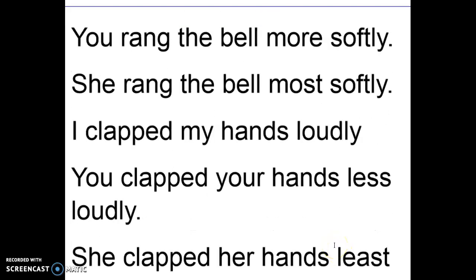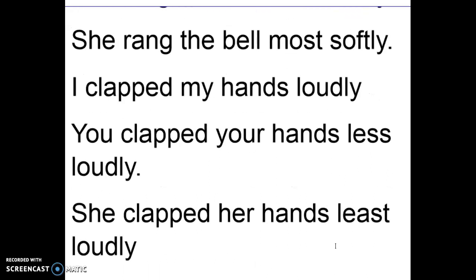Now look at "I clapped my hands loudly." You clapped your hands less loudly. She clapped her hands least loudly of all. Again, I'm reminding you that the adverbs and adjectives that we pair up with more, most, less, and least are adjectives and adverbs that are more than 2 syllables long.